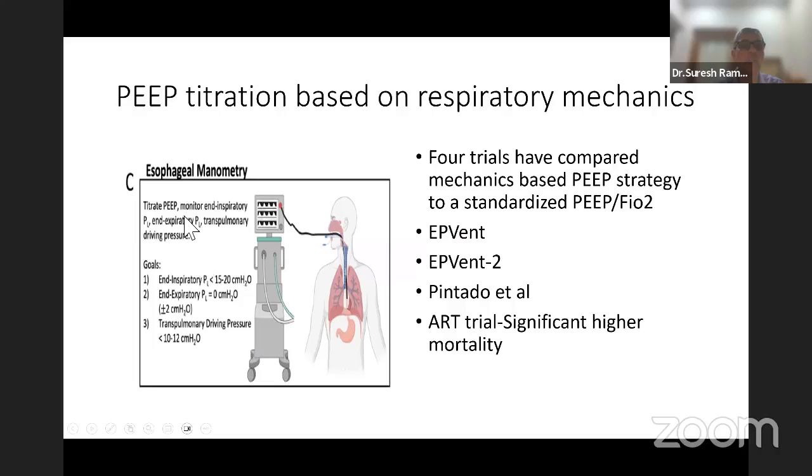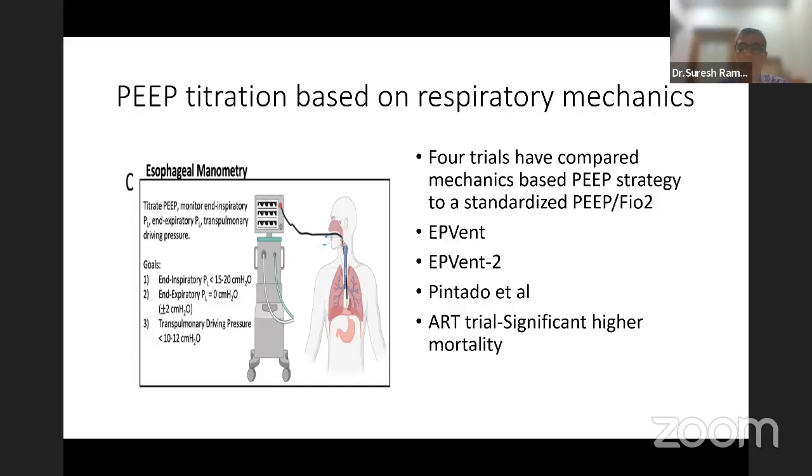When you titrate PEEP, you monitor the end inspiratory pressure, the end expiratory pressure, and the transpulmonary driving pressure. Your goal is to keep the end inspiratory pressure less than 15, the end expiratory pressure slightly 0 or slightly positive, and a transpulmonary driving pressure of less than 10 to 12 at all times. If you do this, using esophageal manometry and specialized ventilators, you still have not really achieved any outcome benefit in any of these studies.